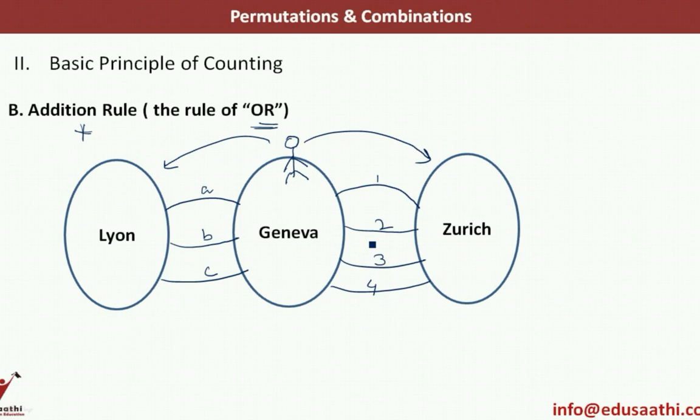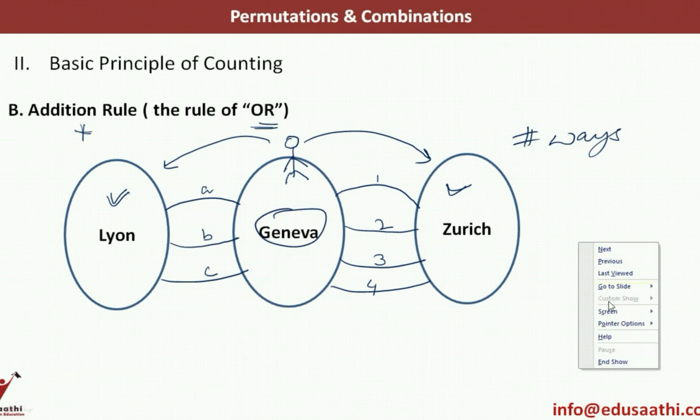I can also come back. Okay, so these are two-way routes or roads, whatever you want to consider. So I am here in Geneva and I want to go either to Lyon or to Zurich. Now in how many ways can I do this? How many ways can I escape this city which I don't like?